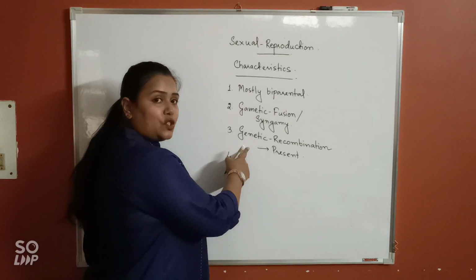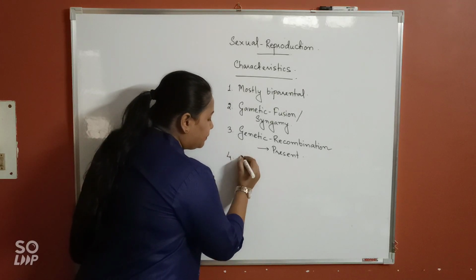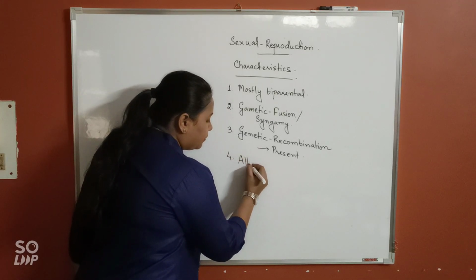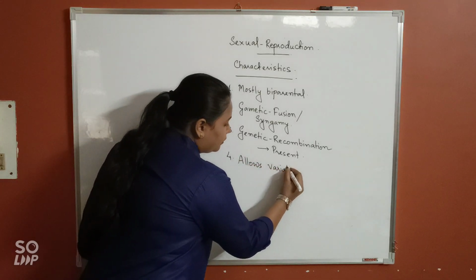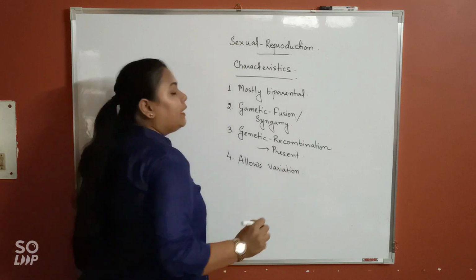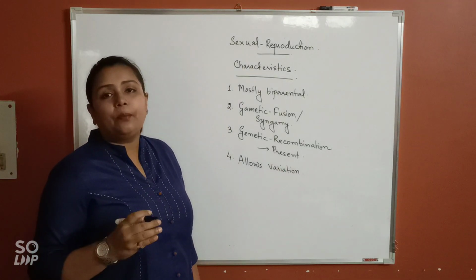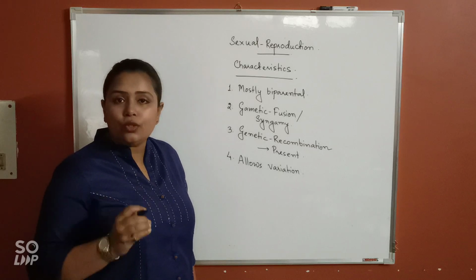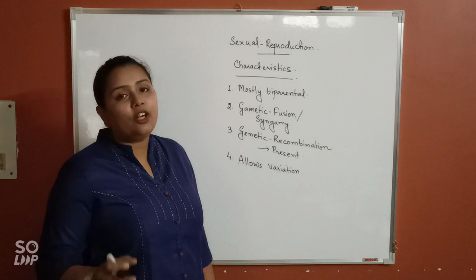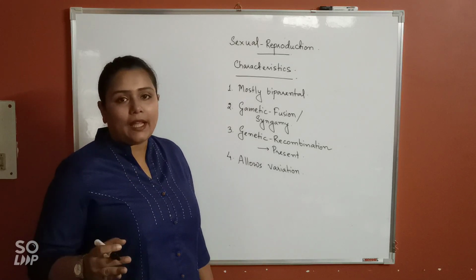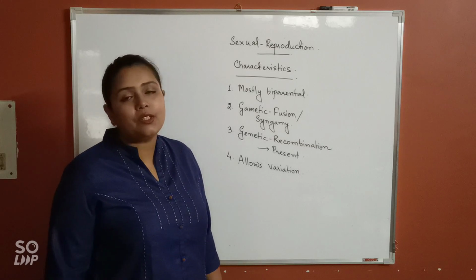As it has genetic recombination, of course, it allows variation. That means, in an asexual mode of reproduction, I had told you that the progeny will be exact clones of the parent. Here, the progeny will show variation. They are not going to be exactly like the parent. They will have similarities, but there will be variations as well.